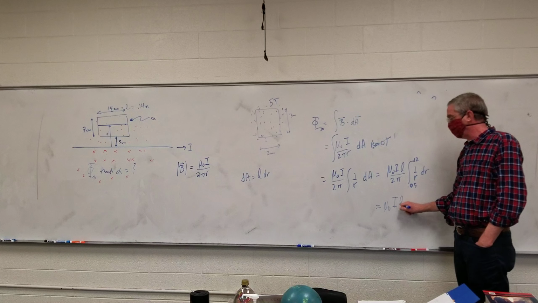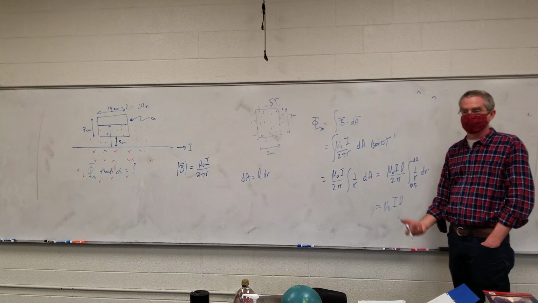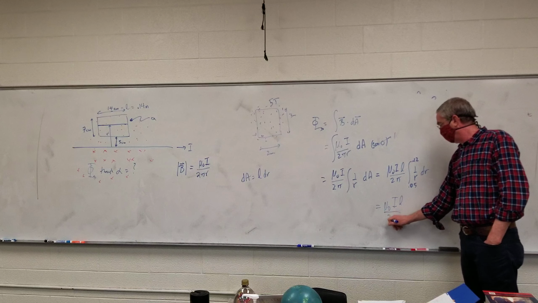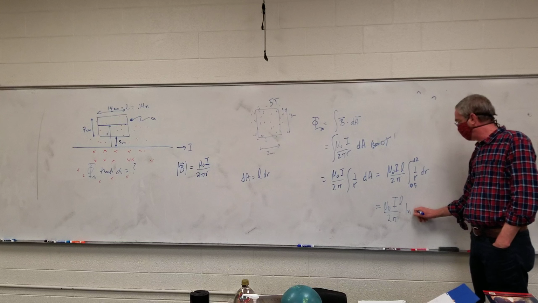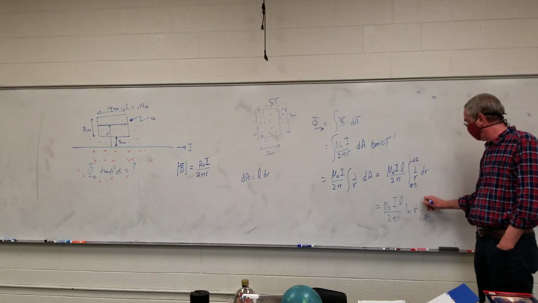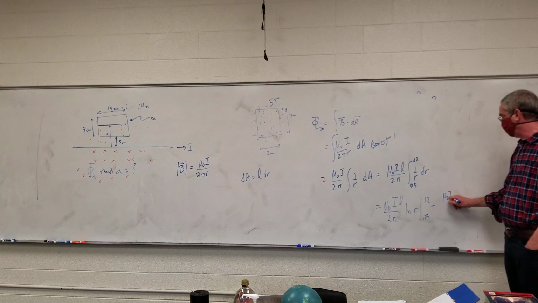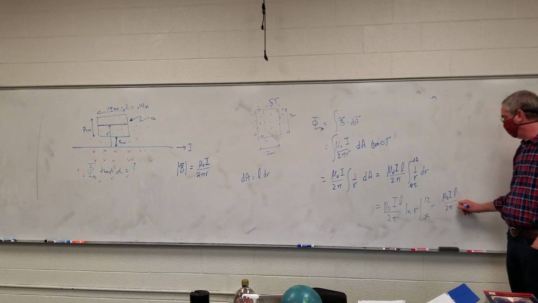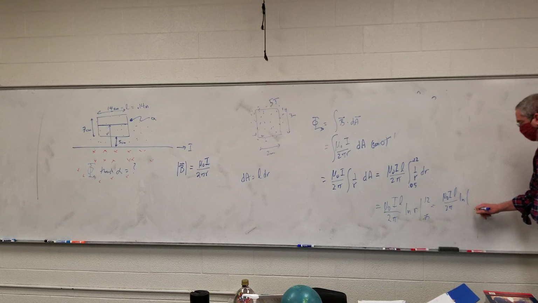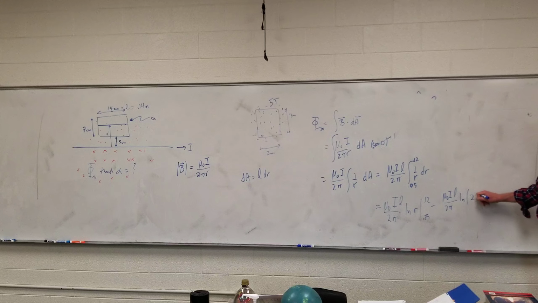Then we'll have the natural log of r from 0.05 to 0.12, which becomes mu naught I L over 2 pi times the natural log of 2.4. Yeah, feel good about that. And so now it's just a matter of plug and chug.